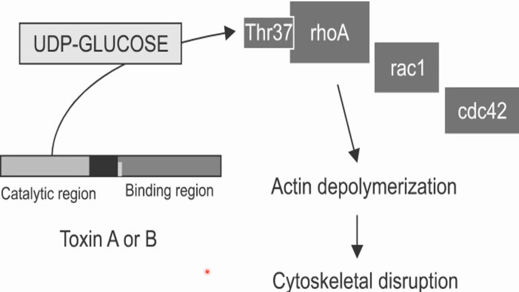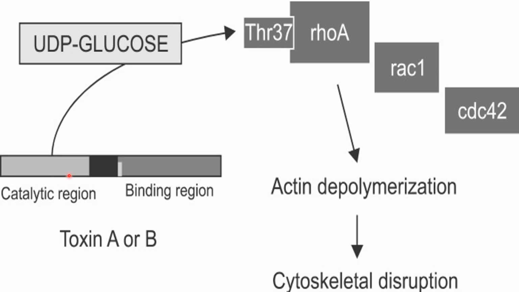In this slide, we talk about how toxin can cause cell rounding. A little earlier, we talked about the three major parts of the toxin, and we can see these parts in these pictures: a binding region for attaching to the cell, a translocation region for transfer to the cytosol, and a catalytic region that has enzymatic activity.